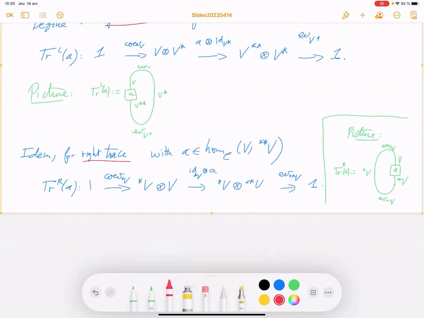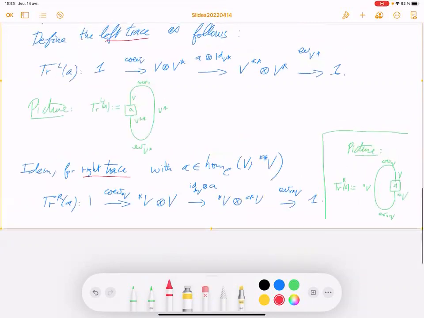So that's strange, in fact. The left trace, the right trace. You close on one side, and here you close on the other side. So I realize that here you close on the right for the left trace, and here you close on the left for the right trace. I hope I did not make a mistake, but I don't think so. But anyways, let me check.